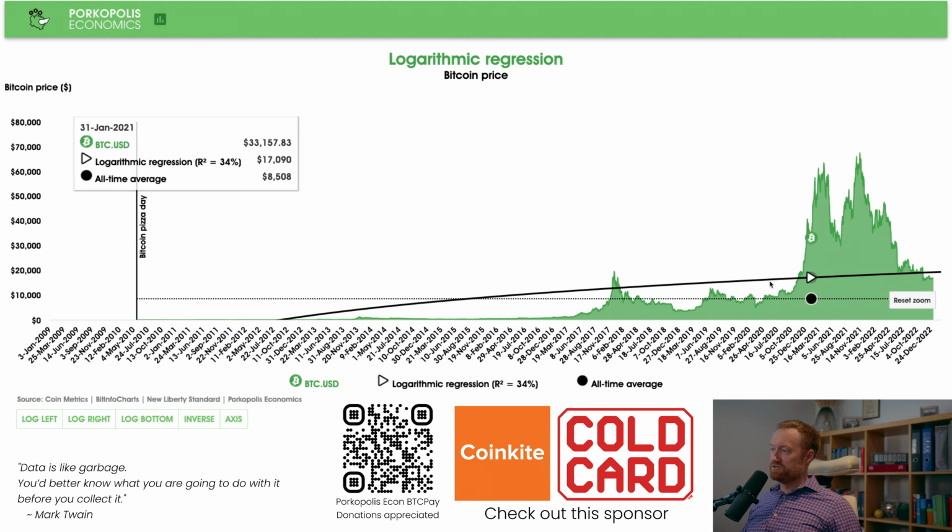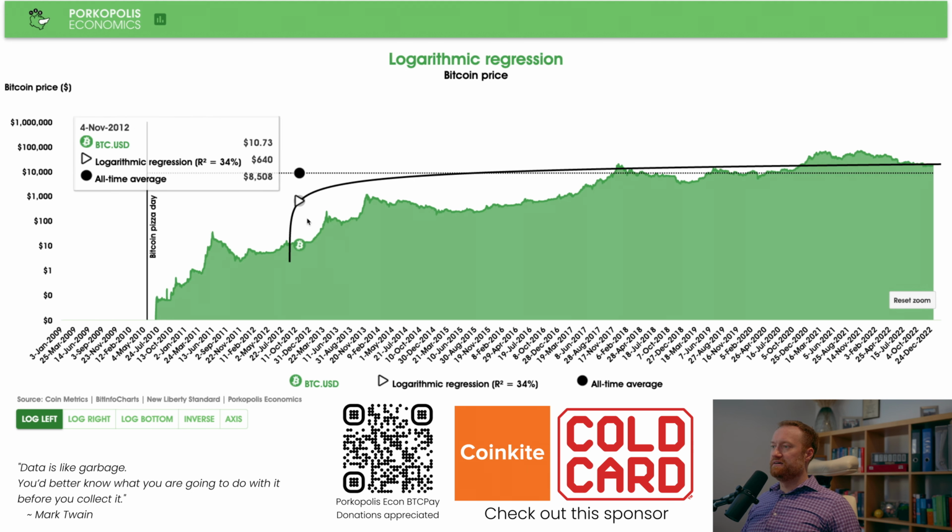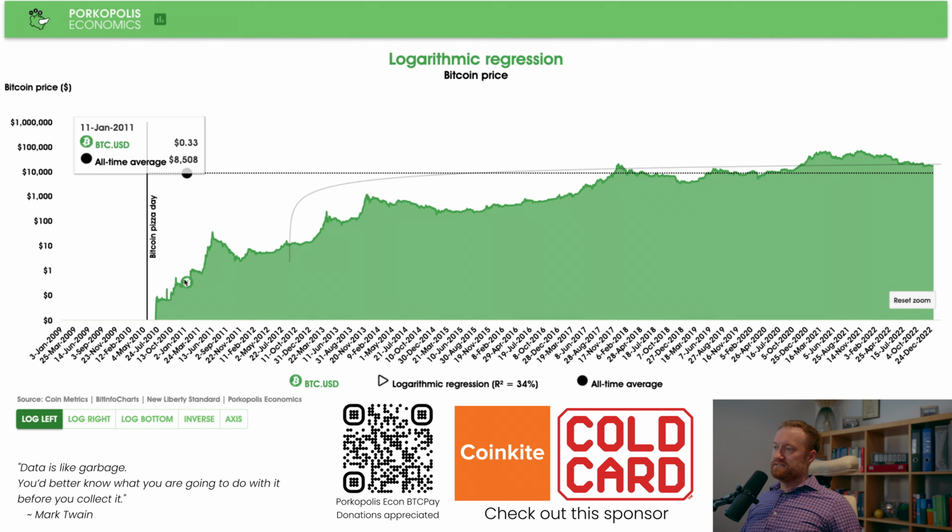Now, I told you we'd look at this in log scale, just to infer a little bit more with Bitcoin's price. Here's log scale. I have base 10 as well: 1, 10, 100, 1,000, 10,000. Each level up is an order of magnitude higher by a factor of 10. It doesn't always have to be that way, but that's what it is here. So now we can see a lot more of the price action, as I said in the last videos.